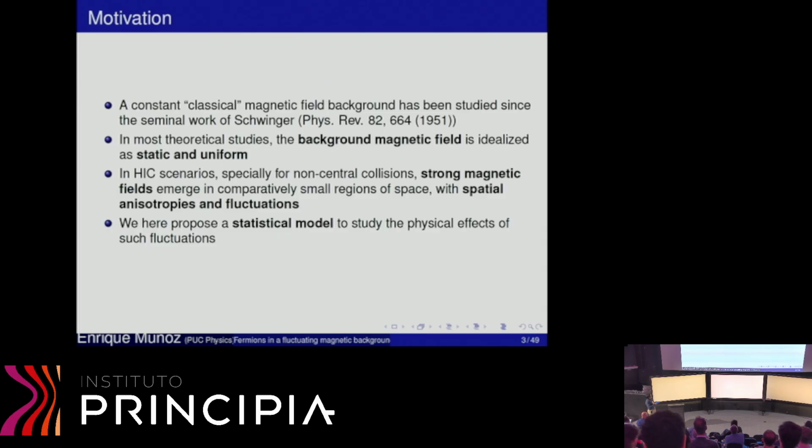In general, most theoretical work on heavy ion collision phenomenology in magnetic fields assumes, for technical reasons, that the magnetic field due to this classical background is uniform and constant in time.